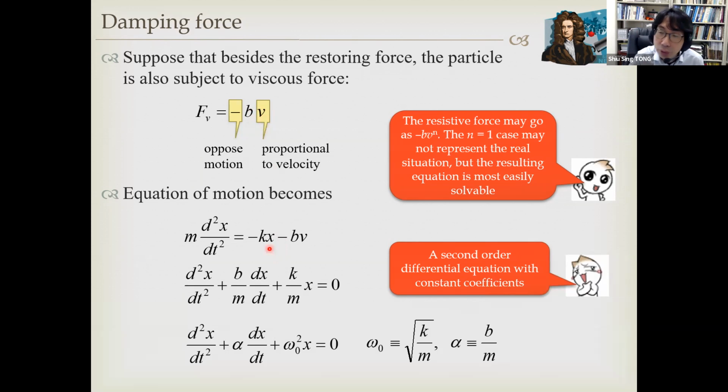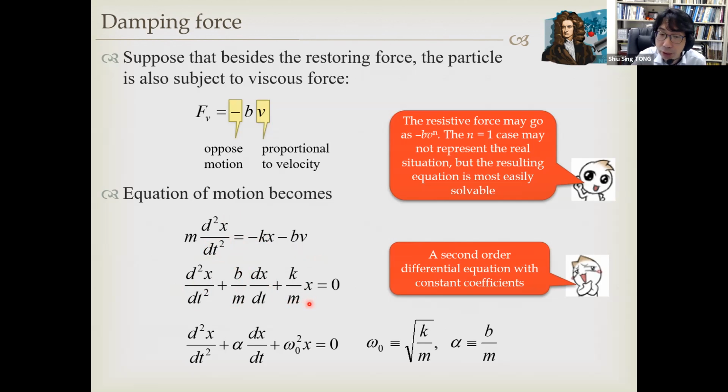Okay. Now, this is the equation of motion. You just add the term BV as a part of the net force. Of course, you still have the force on the spring, because you are talking about a spring mass system. So we now divide the whole equation by m, and then we move all the terms to one side.